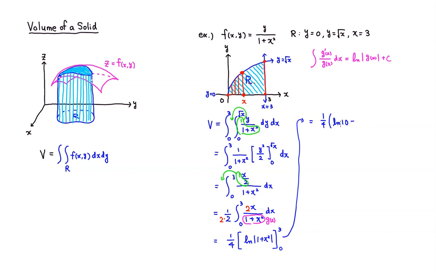So I'm not even going to write that. So we get natural log of 10 over 4, which is the volume of the solid under the given surface over this region R. All right, that's it. I hope that this was clear.